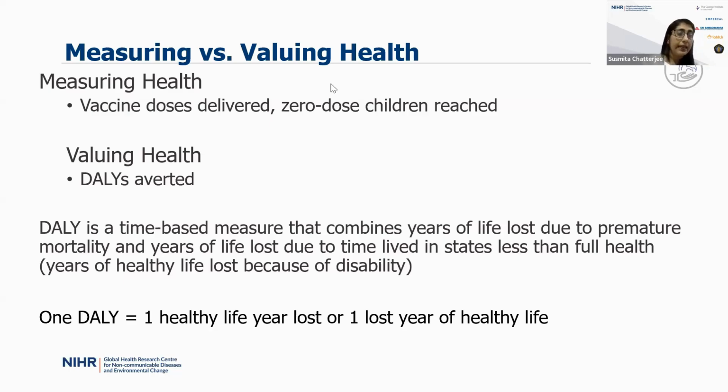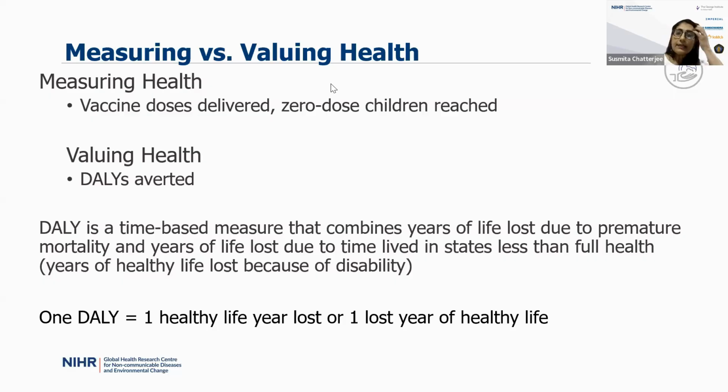And if a child dies at age 10 because of polio, that is another thing. That means the child lost 60 years of life because of polio. That's how the DALY is calculated. So one DALY means one healthy life year lost. So whenever we say DALY, this means one healthy life year. And if that life year is lost, we say that one DALY is lost.